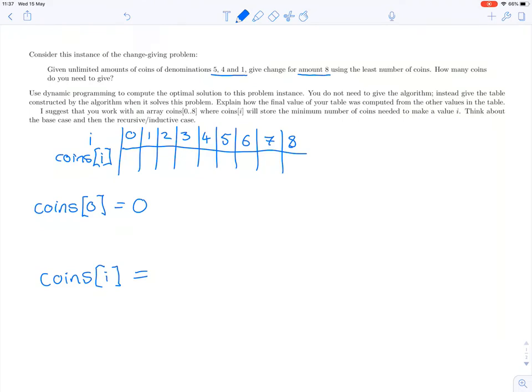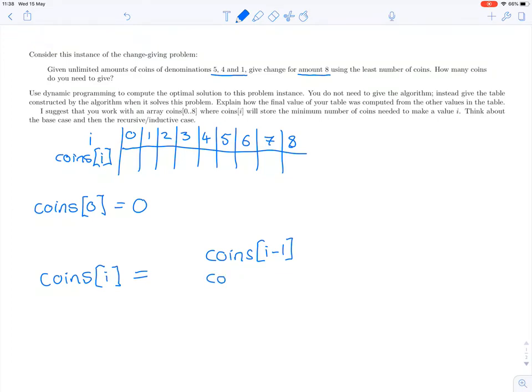The intuition that you require is, let's think about if I knew the solution for coins of I minus 1, so if I knew the minimum number of coins required to give change of I minus 1, then I could give change of I with 1 more coin by just giving a coin of value 1.